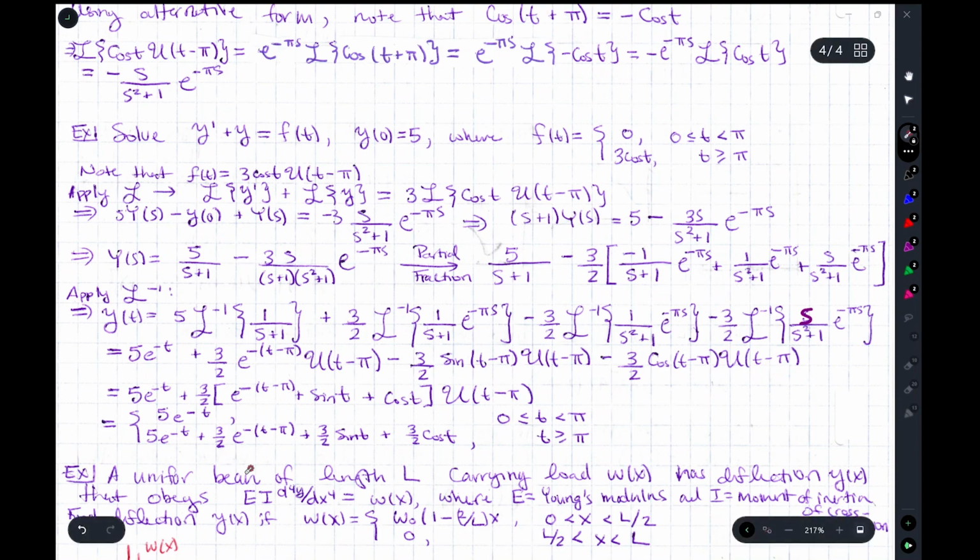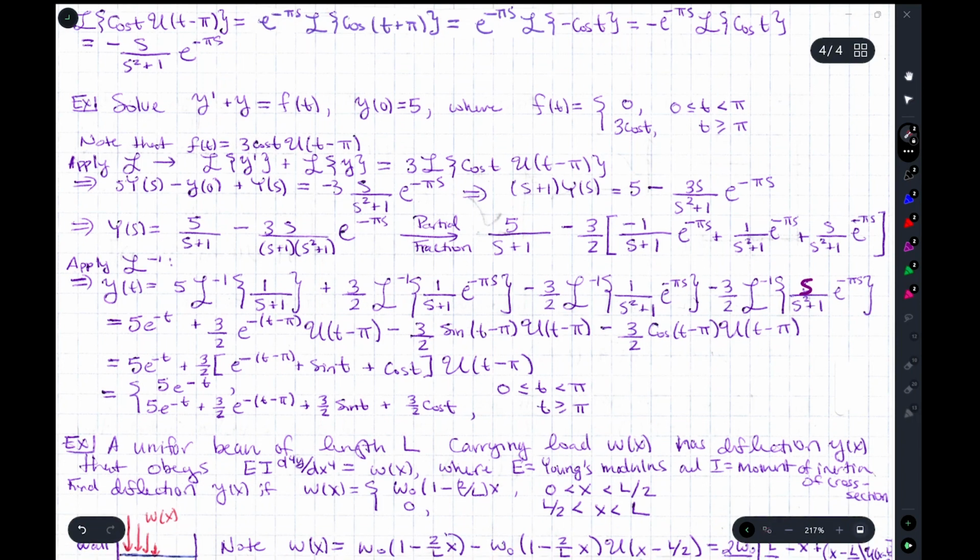And then we could just factor out the unit step function common term, and we get this. And we could put this in terms of piecewise defined functions. And we get this expression there for the solution to this differential equation, okay? So that's nice.